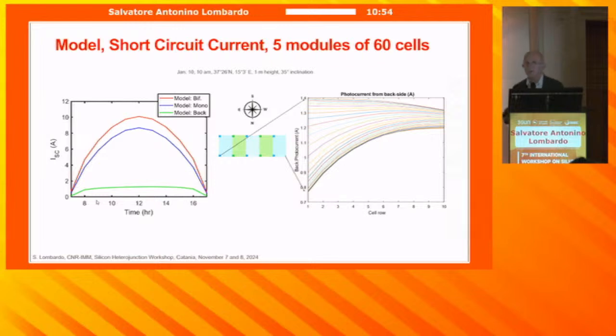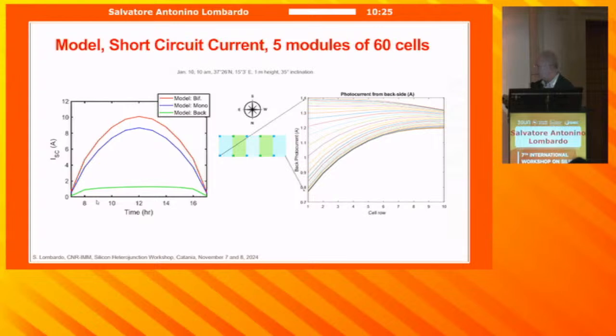Okay, so let's see some results. This first example is a calculation that refers to a string of 5 modules. This calculation was done close to the winter solstice at the latitude of Catania, with 1 meter average height of the string and 35-degree inclination.